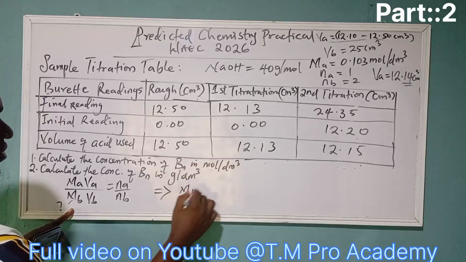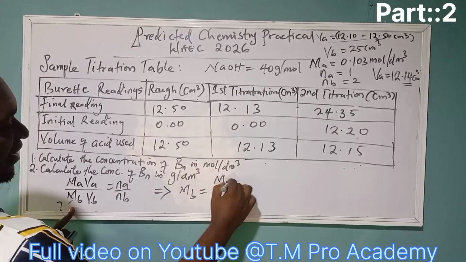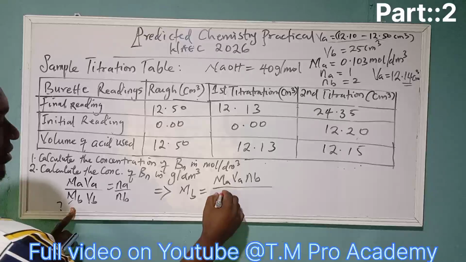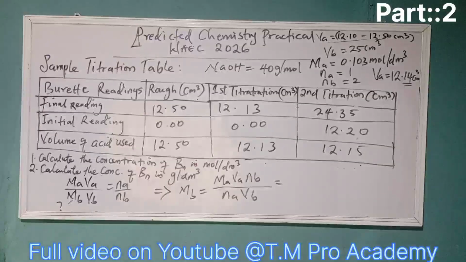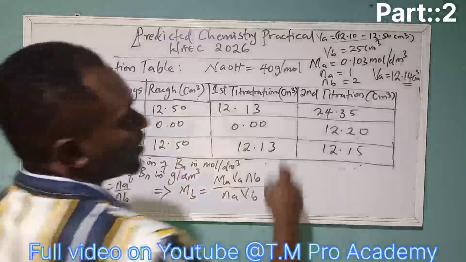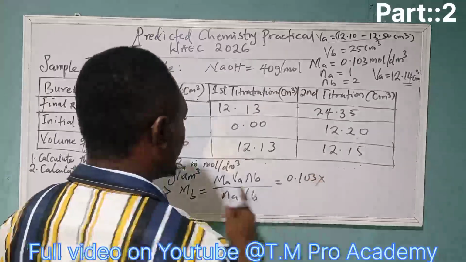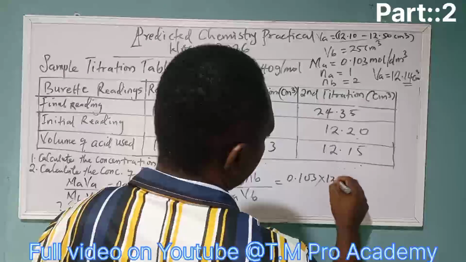So MB will be equal to MAVA NB all over NAVB. So let's substitute values now. MA from our previous calculation was this 0.103. VA, we just calculated it, 12.14.